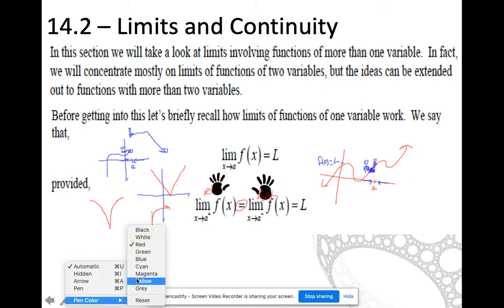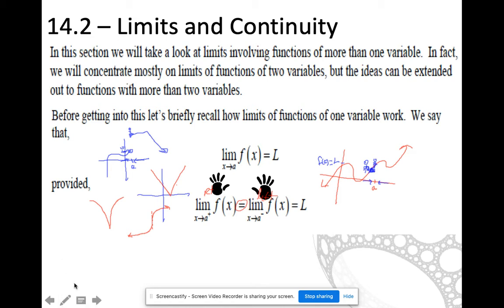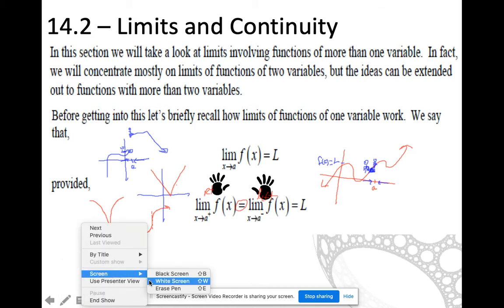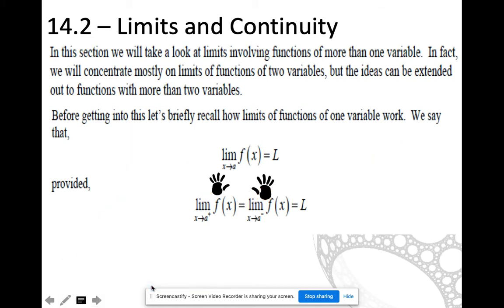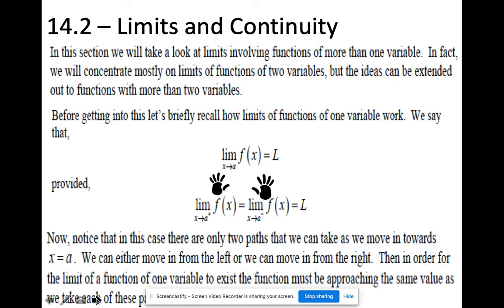So we're going to try to extend this idea of when does a limit exist to more than two dimensions. And in two dimensions, I only had two hands to worry about, two range walkers. Do they bump bellies, right, from the right and the left? Right?